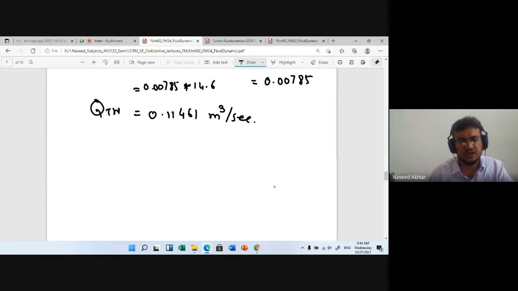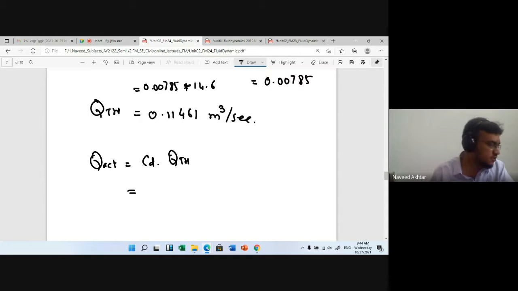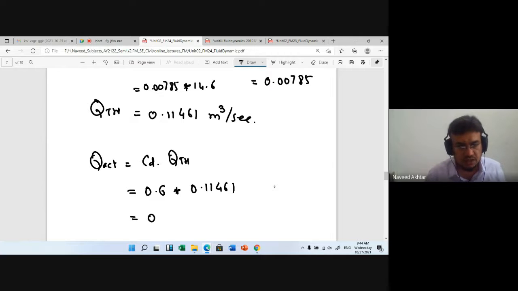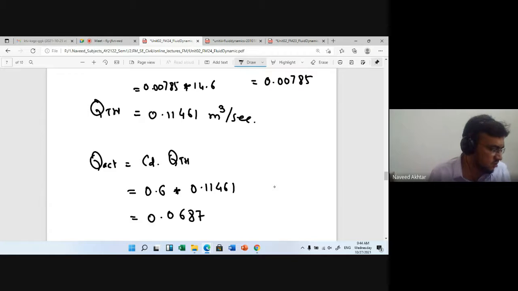To find the actual discharge, it is nothing but CD times Q theoretical. CD is given in the equation, 0.6, into 0.11461. So the actual discharge will be 0.0687 meter cube per second.